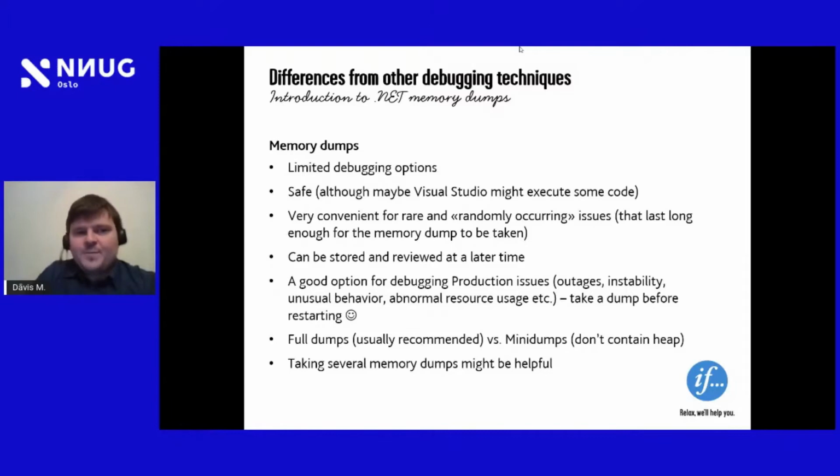So debugging with memory dumps, it's usually quite safe. Although also one shouldn't download memory dumps from some questionable websites, because probably there are edge cases where Visual Studio could execute some code that's in memory dumps, but usually that's not the case.